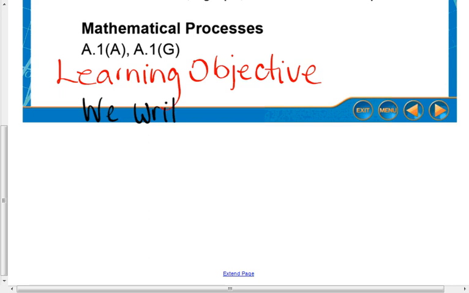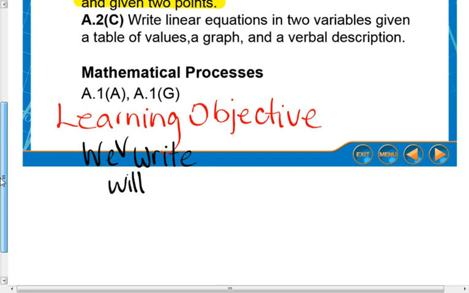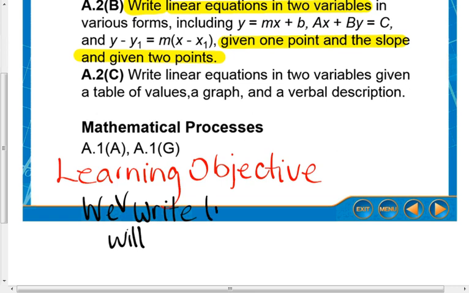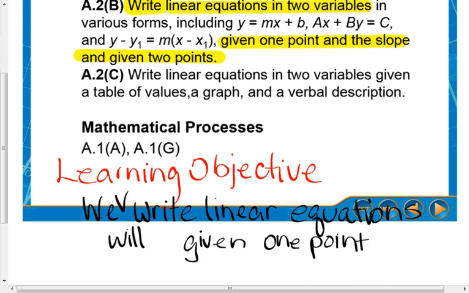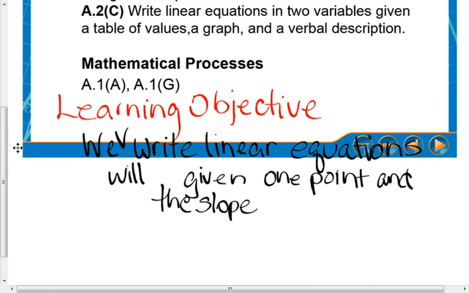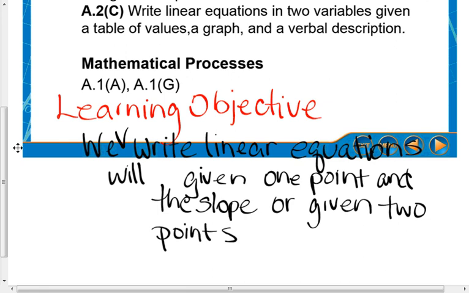We will write linear equations given 1 point and the slope, or given 2 points. Here we go.